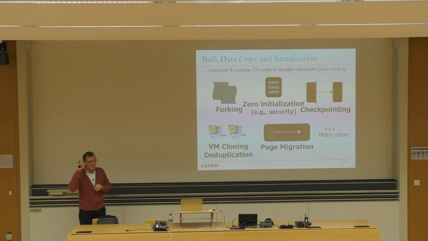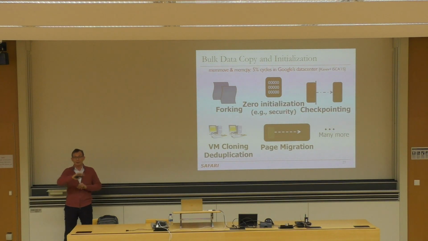And this is actually in hindsight. This is not in the paper clearly, because this paper was published two years after the paper that I'm describing. Google showed that in all of their data center workloads, approximately 5% of the cycles are spent on just two system calls, memmove and memcopy. This is not all of the copies in the system.